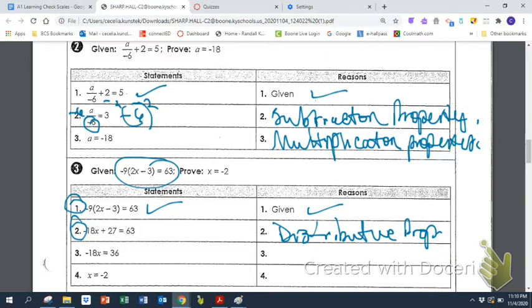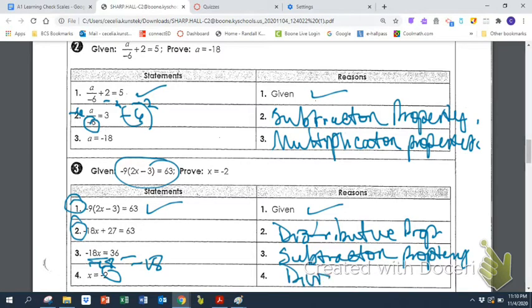That was the subtraction. They subtracted 27. And finally, how did they get negative 2? Well, they divided both sides by negative 18. So that's how we get our division property.